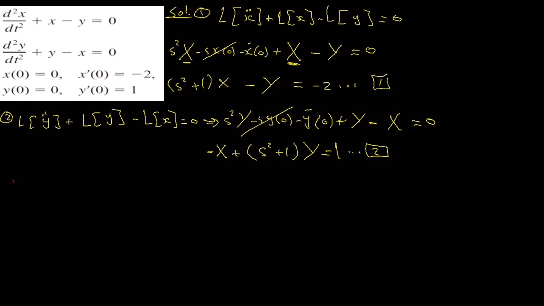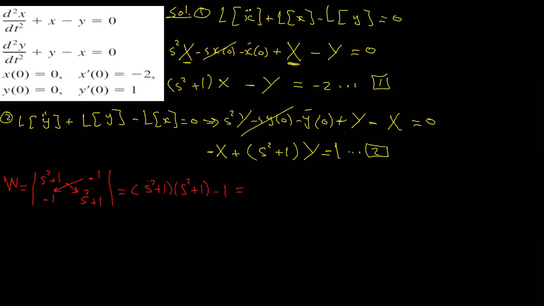So the W, the Wronskian determinant, equal s squared plus 1, negative 1, negative 1, s squared plus 1, equal this by this. So it is s squared plus 1 times s squared plus 1, minus minus, so it is a plus. Minus minus, it is a plus, and minus from my mind, so it is negative 1.